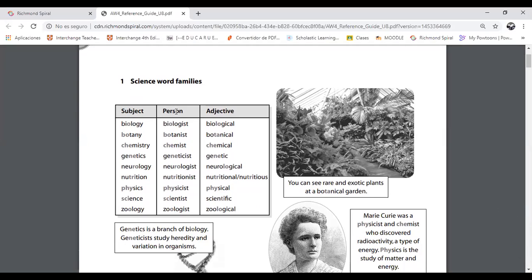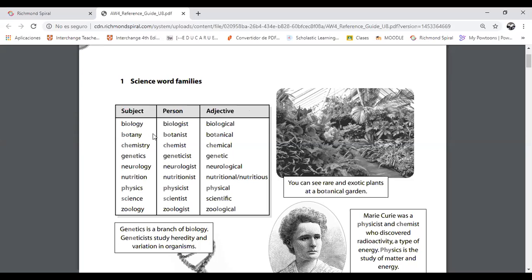This column right here in the middle is person, and the last column is the adjective. Let's take a look at the first one, biology. That's the subject, and the person who does this activity, it's a biologist, and the adjective, biological.